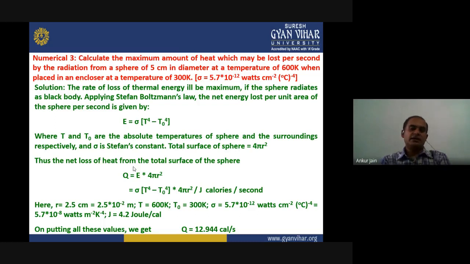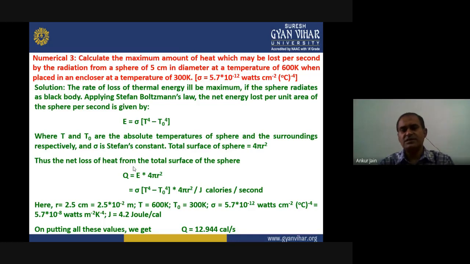Now, we can consider that T and T naught are the absolute temperatures of the sphere and the surroundings respectively, right? We always consider T is the inside black body temperature and T naught is the surrounding black body temperature, which surrounds the inner black body, and sigma is the Stefan constant.